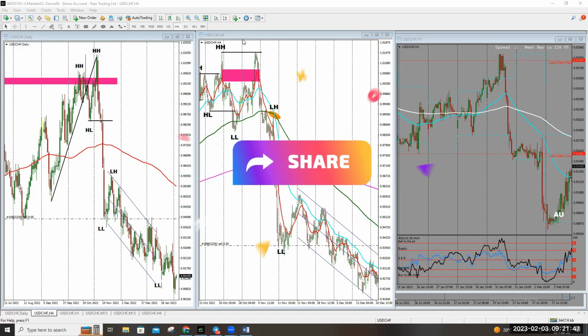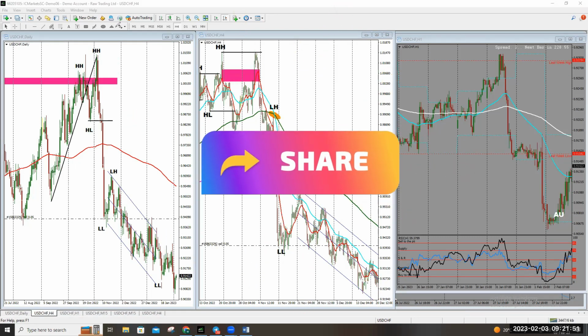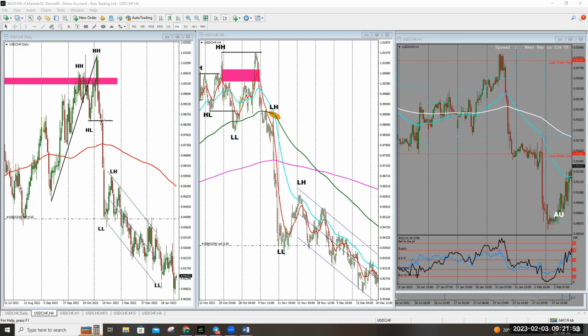Example where we have multiple time frame confluence. This is USD CHF. You can see that on the daily, we're pushing lower from a high point. We're pushing lower. The opportunities to take would be on the sell side. Then on the H4, of course, the market again is pushing downward. Therefore, any opportunities we take will be on the sell side.